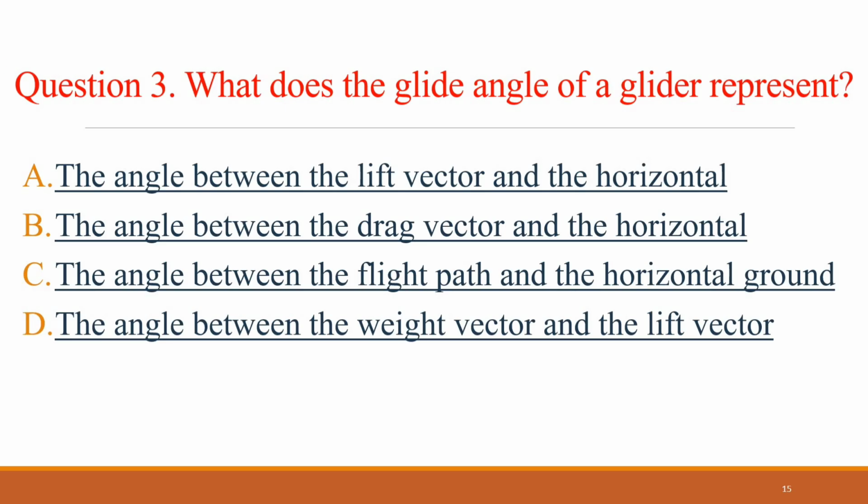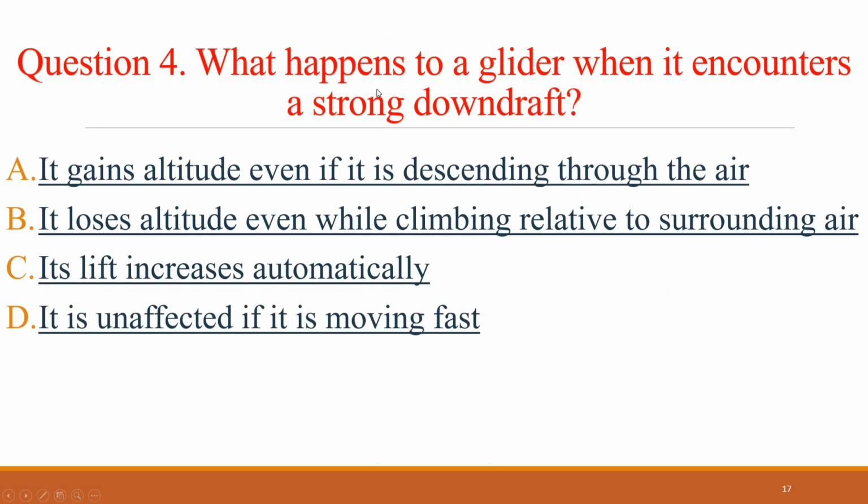The correct answer is the angle between the flight path and the horizontal ground. Question 4. What happens to a glider when it encounters a strong downdraft? The correct answer is it loses altitude even while climbing relative to surrounding air.